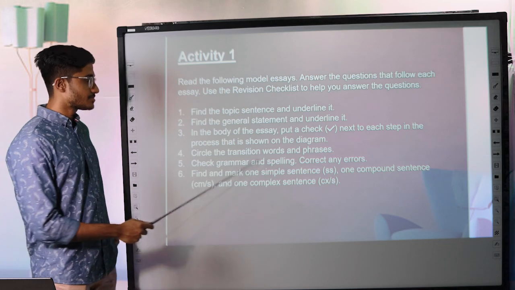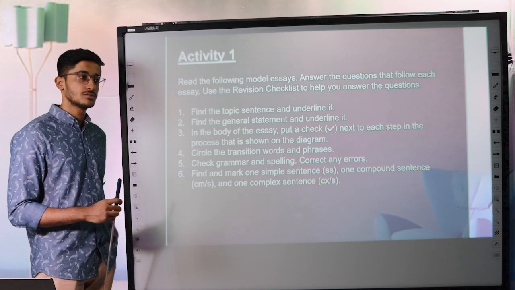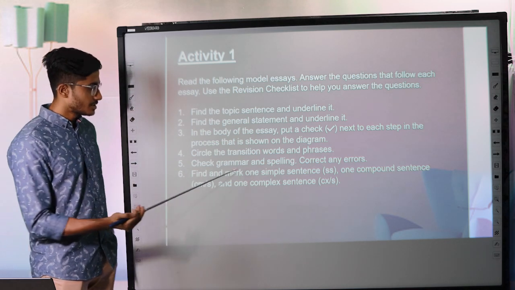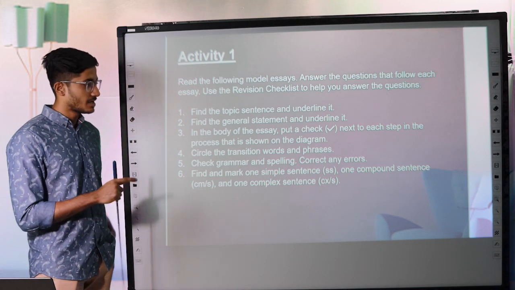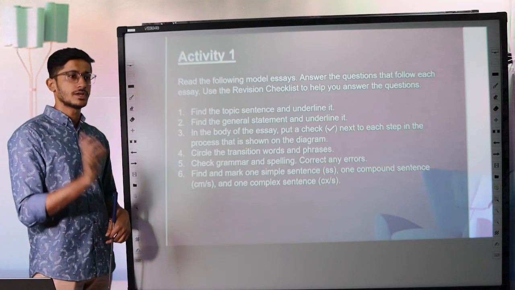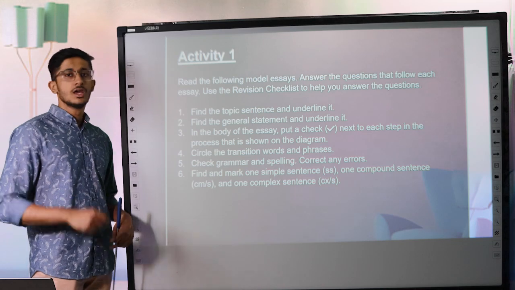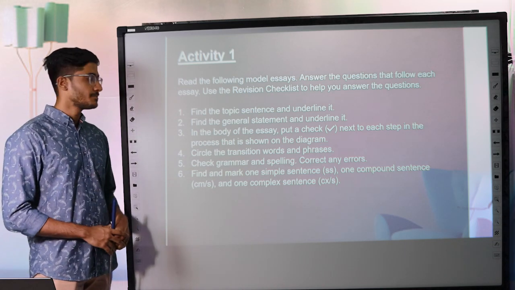Then you circle the transition words and phrases. So remember the transition words that we talked about. You look for those words and you circle them. You check your grammar and spelling and correct if there is any error. So you go through the essay, you check for the grammar and the spelling errors, and if there are any mistakes you find, you basically cut it, or you can just write it on your own piece of paper.